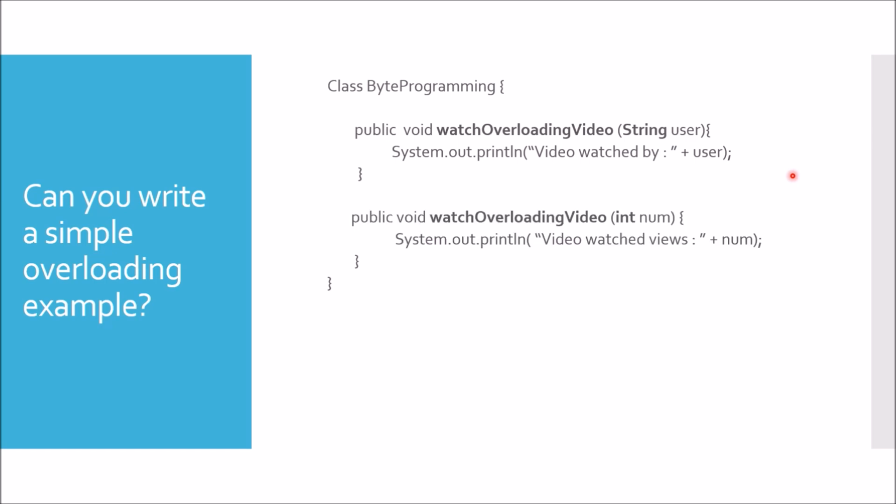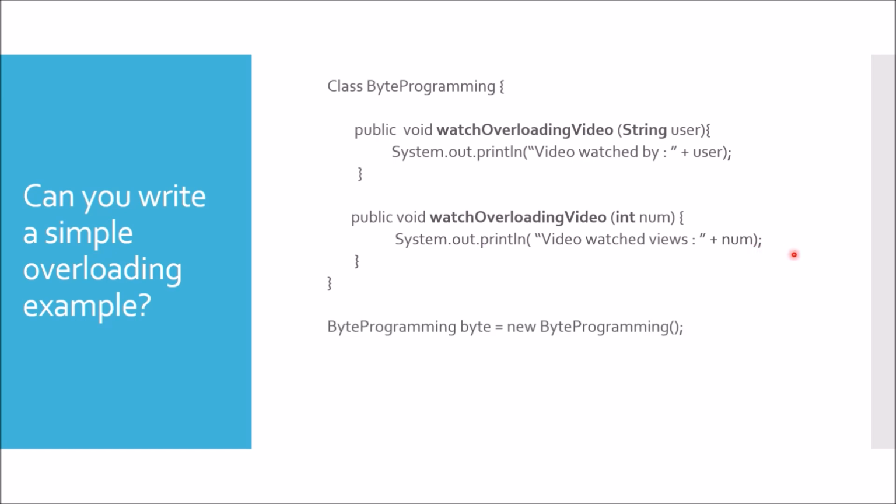So I have created another method with the same name watchOverloadingVideo, but here the data type is int. You can see two methods with the same name, but one is String type and another is int type. And here I am passing the video watched views by the number.